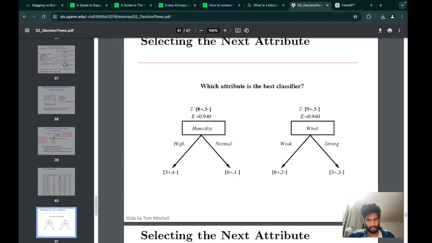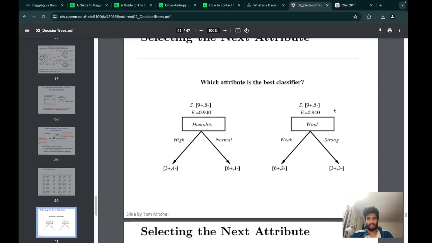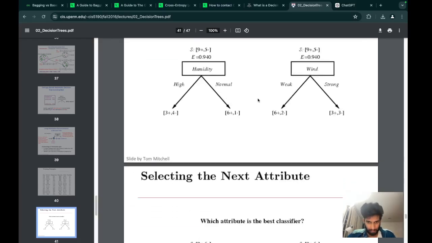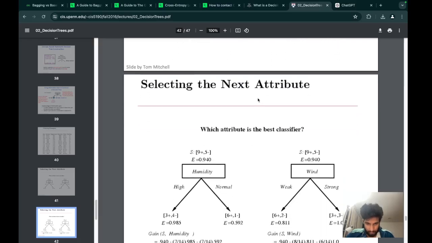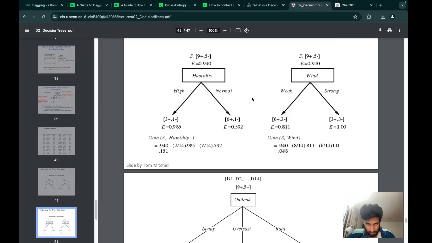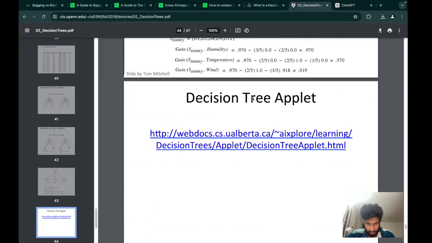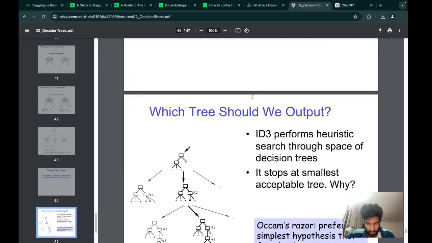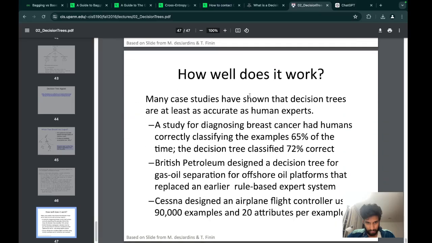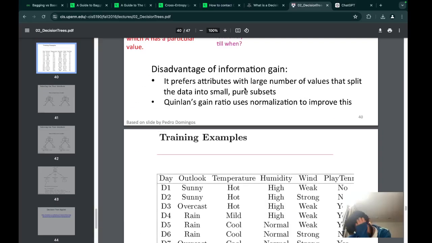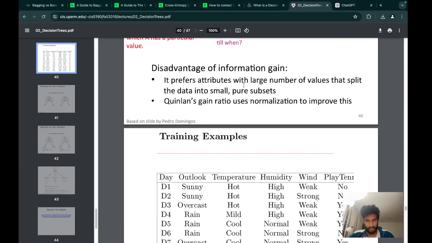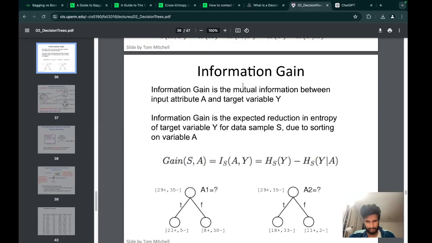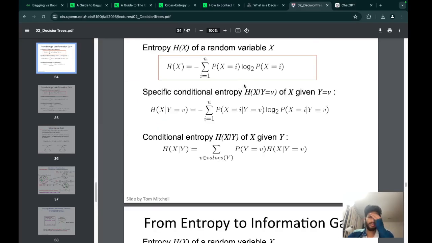This is just classes, 9 positive and 5 negative. I guess we could just take the median. That's probably one way.